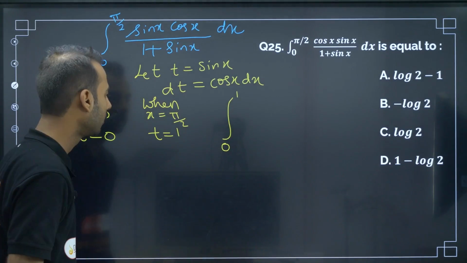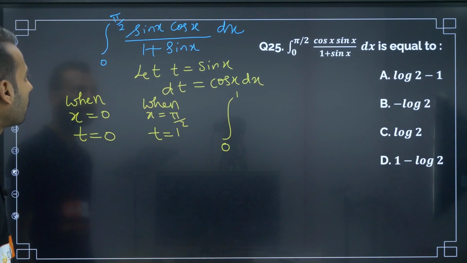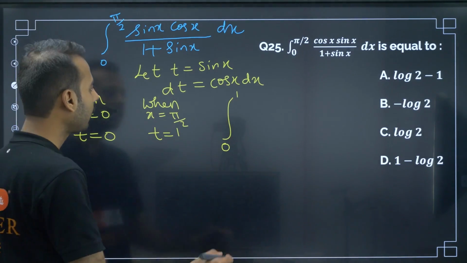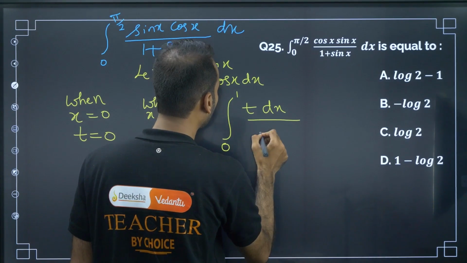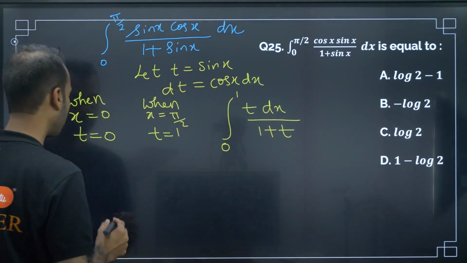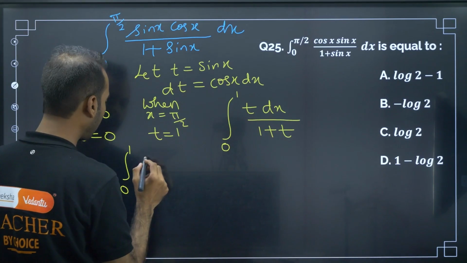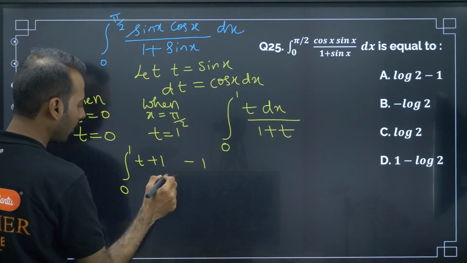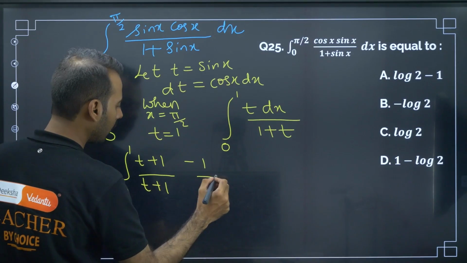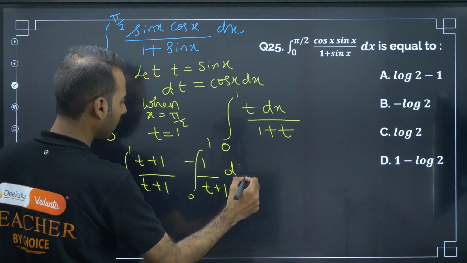In place of sin x, I am writing t, cos x dx is dt, by 1 plus t. Next, integration 0 to 1, let me add 1, subtract 1, t plus 1 minus 1, and denominator t plus 1, dt.